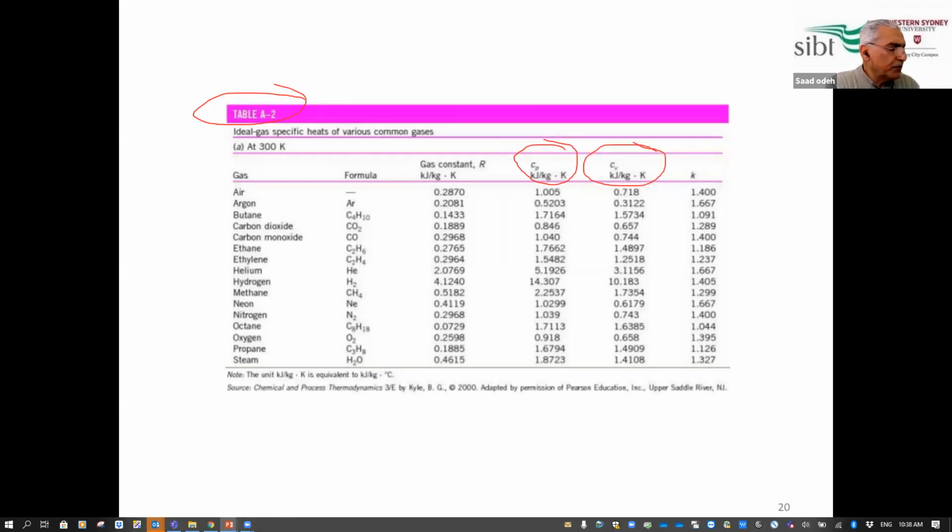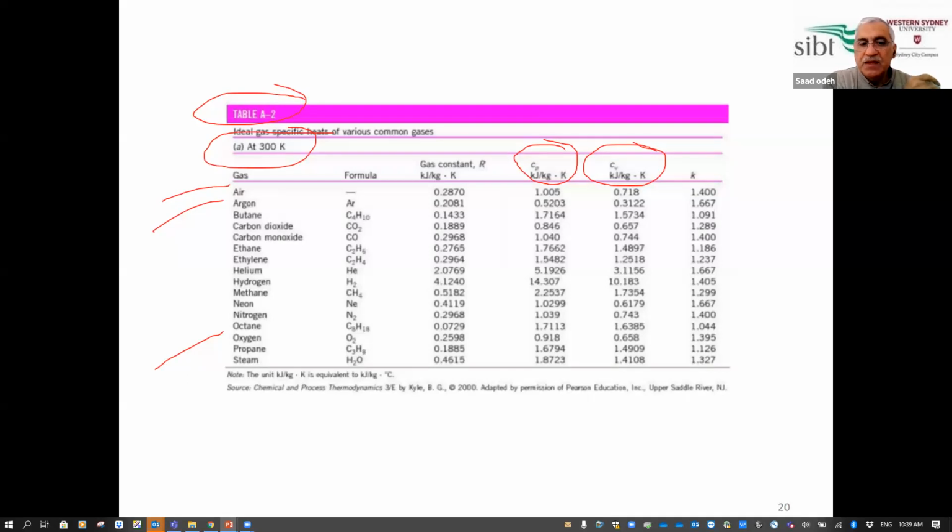So for example, for air, argon, or oxygen, whatever gas you select, you can get the values of Cp and Cv. But this table only gives you the values at a temperature close to ambient temperature, 300 K.